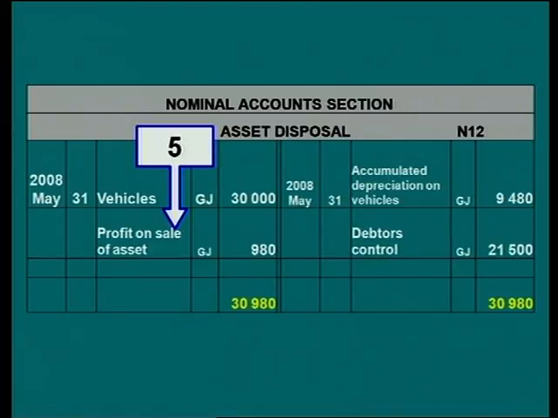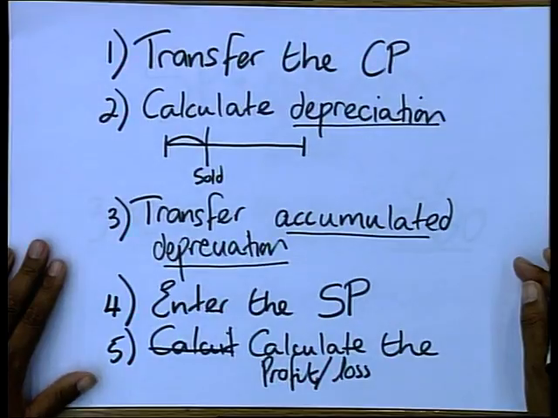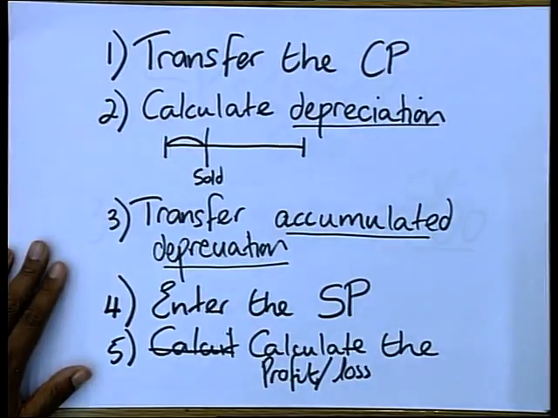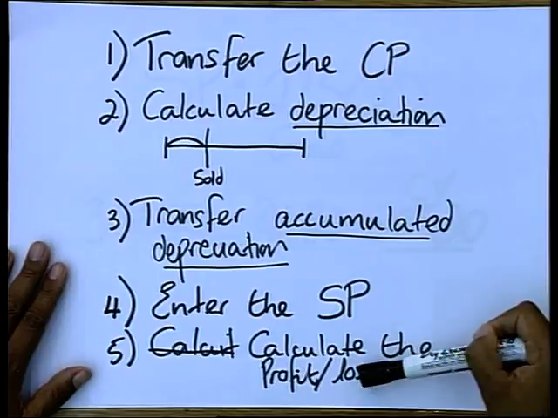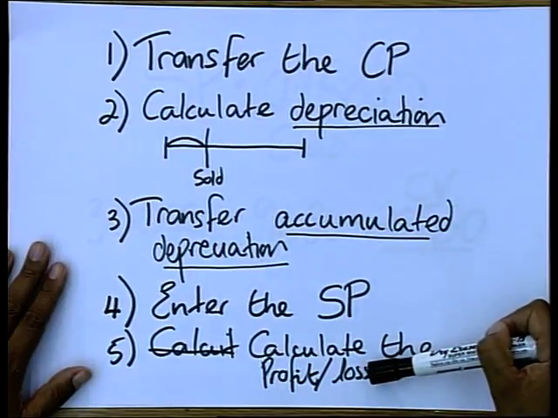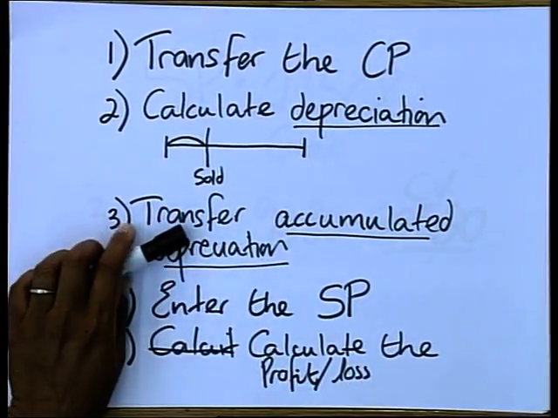I just want to go through the steps again because I don't think that everyone quite understands the steps. Grade 12 learners, if you just follow these steps, you will be able to do asset disposal. Okay. Let me run through it on the PowerPoint quickly.